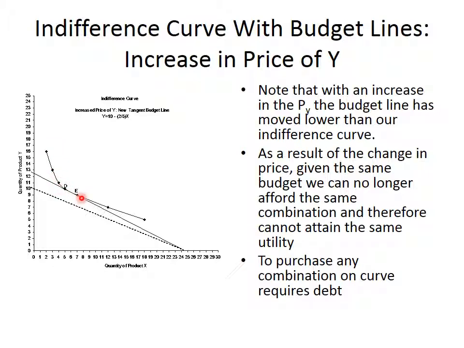For me to remain on this indifference curve, given the price increase in Y, for me to achieve the same utility, I'm going to have to incur a debt. I'm going to have to spend more than I have. In other words, I'm going to have to buy more Ys. In this case, to achieve D, if we remember, D was, I think, 10 units of one and 5 units of the other. Well, in that case, I'd have to incur a debt.